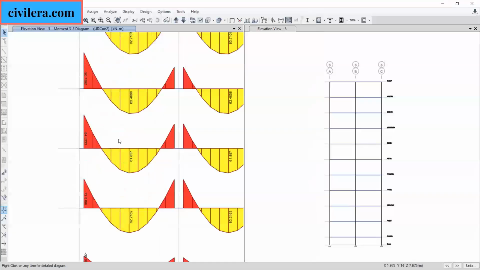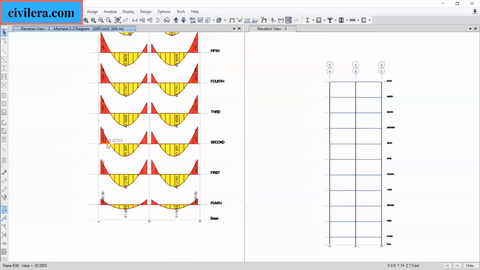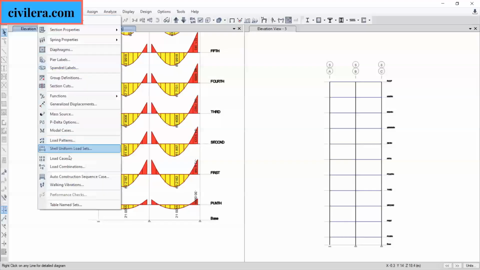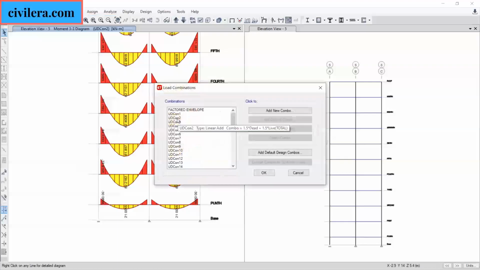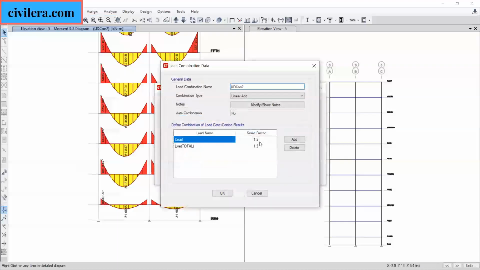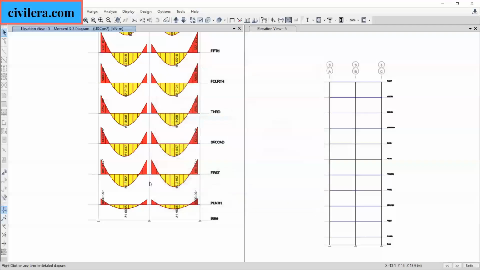So this is your bending moment diagram for dead load, live load combination. Which combination? UDCon 2 is what I had taken. So dead load into 1.5, live load multiplied by 1.5. So this is your bending moment diagram for that particular load combination.